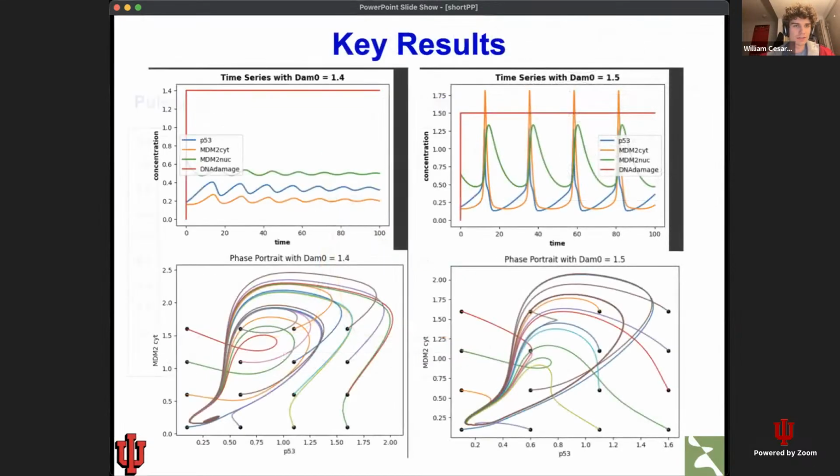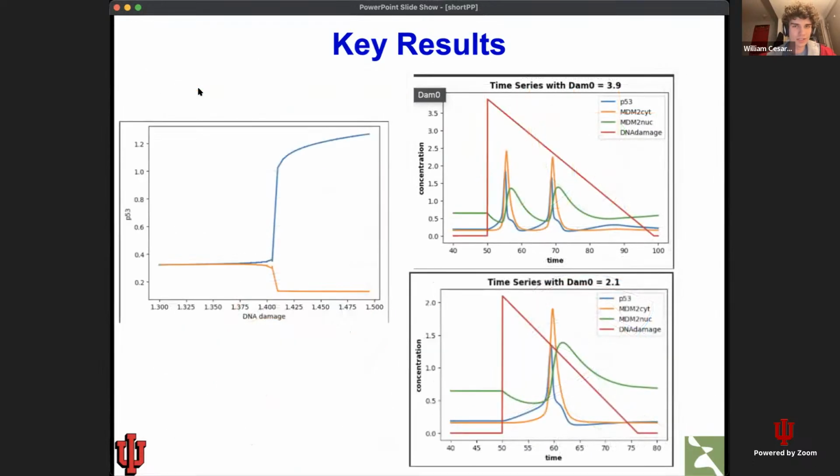But here are some of the graphs and the experiments that we ran, or I ran. When I say we, James and Pedro helped, thank you. We changed the amount of DNA damage to be constant.